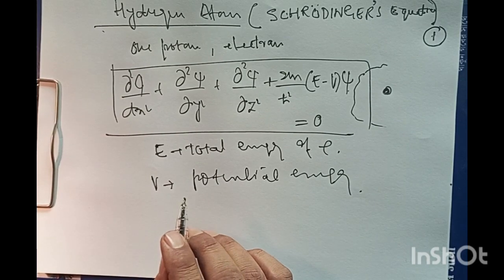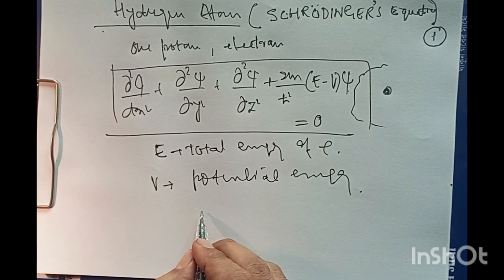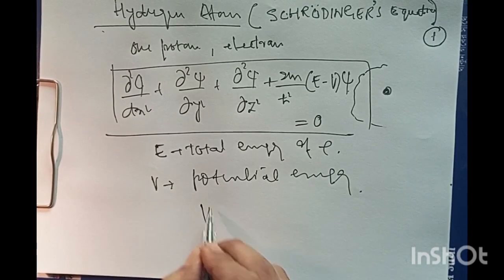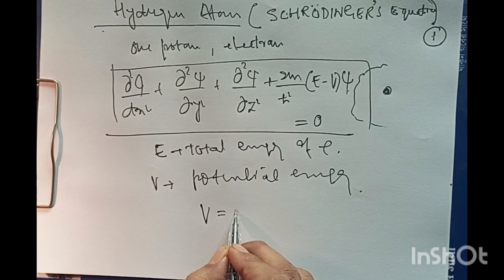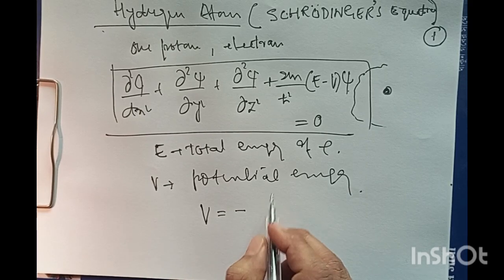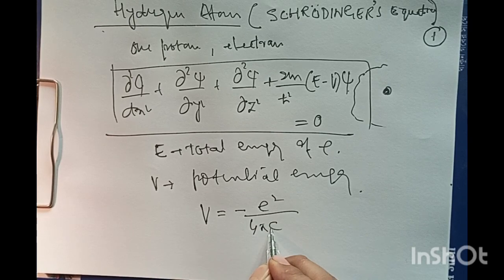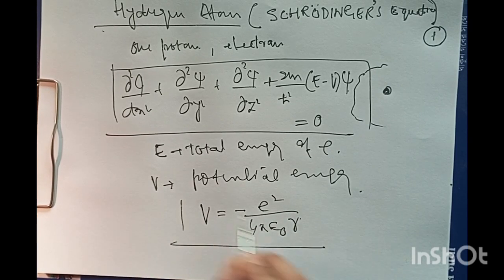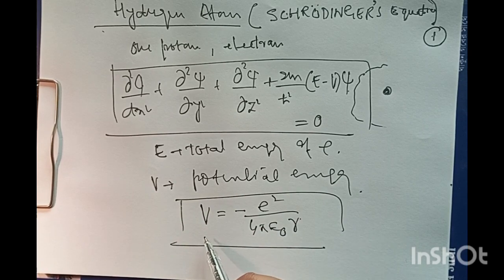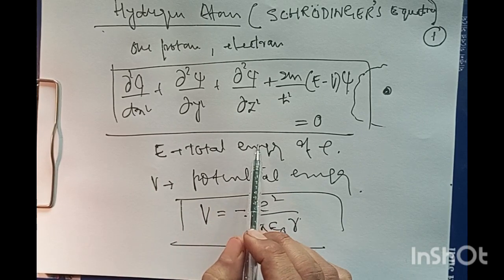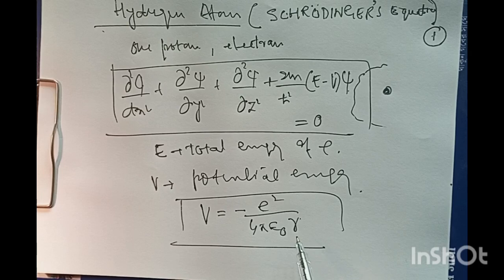If we write down V, it is negative, e squared by 4 pi epsilon naught r. So the potential energy term appearing in Schrodinger's wave equation is directly dependent on r.